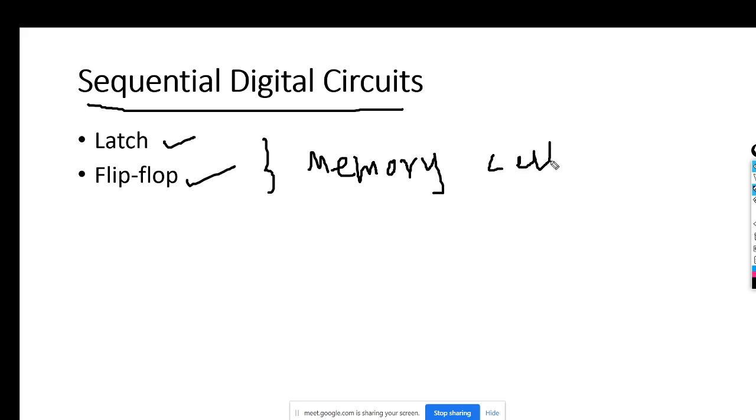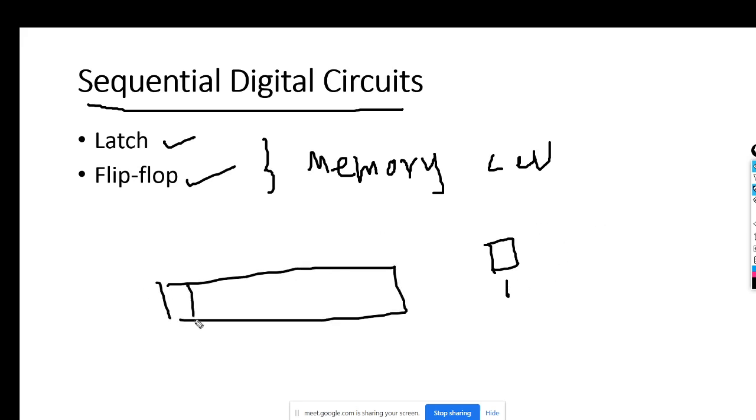When I say memory cell, I mean a place where a single bit can be stored, set, reset, inverted, etc. So when you take an 8-bit memory location, you need 8 latches or 8 flip flops.